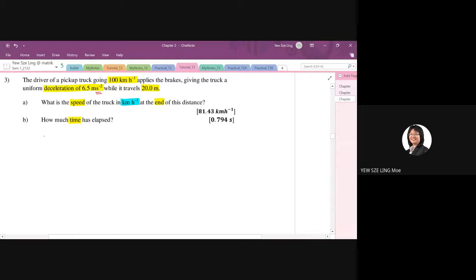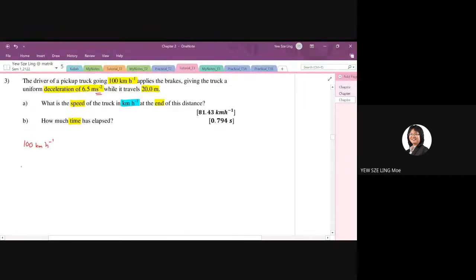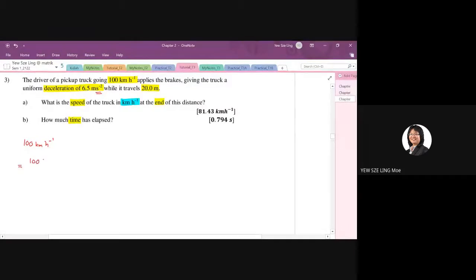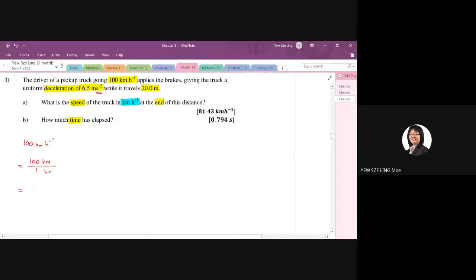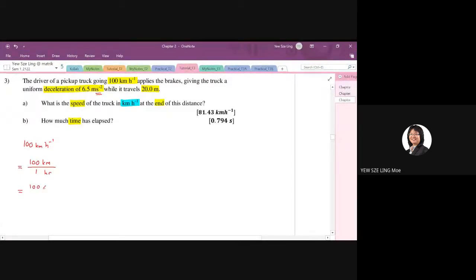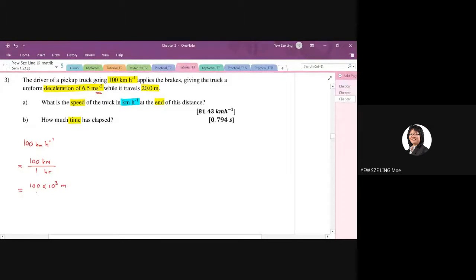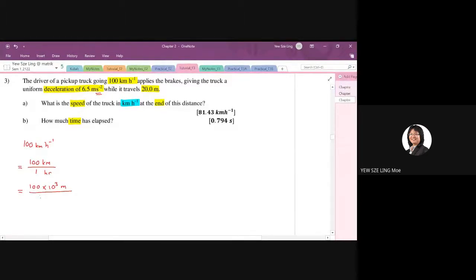So now let us look at the 100 km per hour. I'm going to change it into fraction form first. So 100 km over 1 hour. So 100 km equals to 100 times 10 to the power of 3 meter. 1 hour equals to 3,600 seconds.